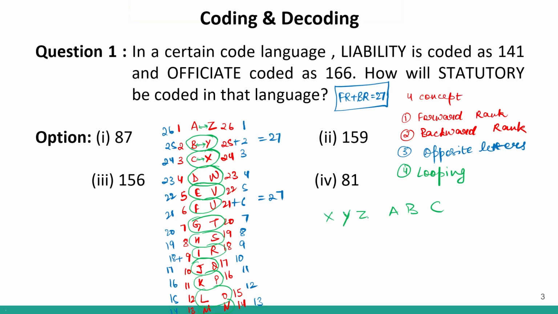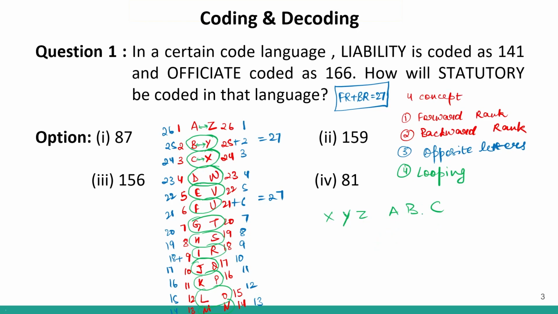After Z, we do not have any alphabet, correct? So if I have to move one position forward from Z, I start back again from A. If I have to move 3 positions forward from Z, I will go 1, 2, 3 to C. This is called looping. Basically, we are working in a loop, correct? So 3 positions forward from Z will give me A, B, C.